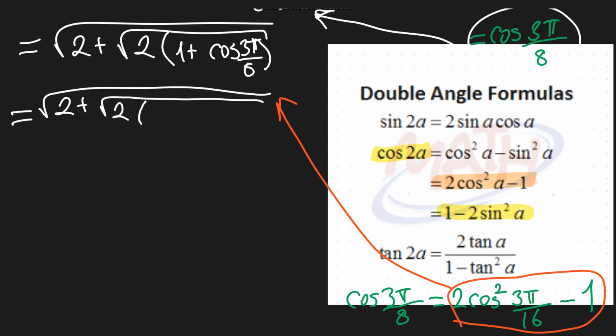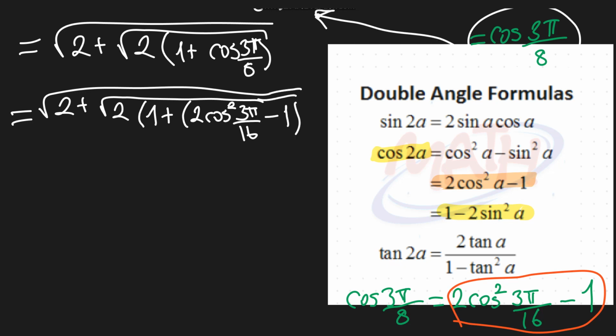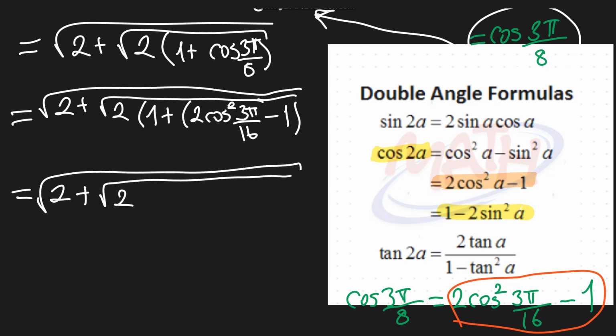So we end up with 2 times 1 plus 2 times cosine square 3 pi over 16 minus 1. Again, positive 1 and negative 1 cancel. We will get rid of the inside square root because we have 2 squared and cosine squared here. Squares cancel square root.